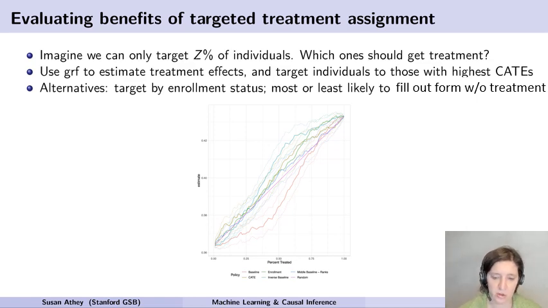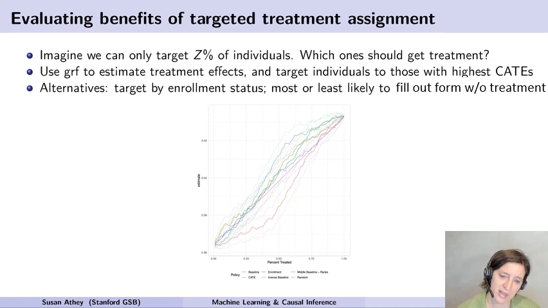And so if we look, for example, at the first, say, 12.5%, if we picked that 12.5% to be the highest CATE people, instead of randomly assigning 12.5% to treatment, then we're going to do better. We're going to have higher enrollments if we target the treatment to the high CATE people.